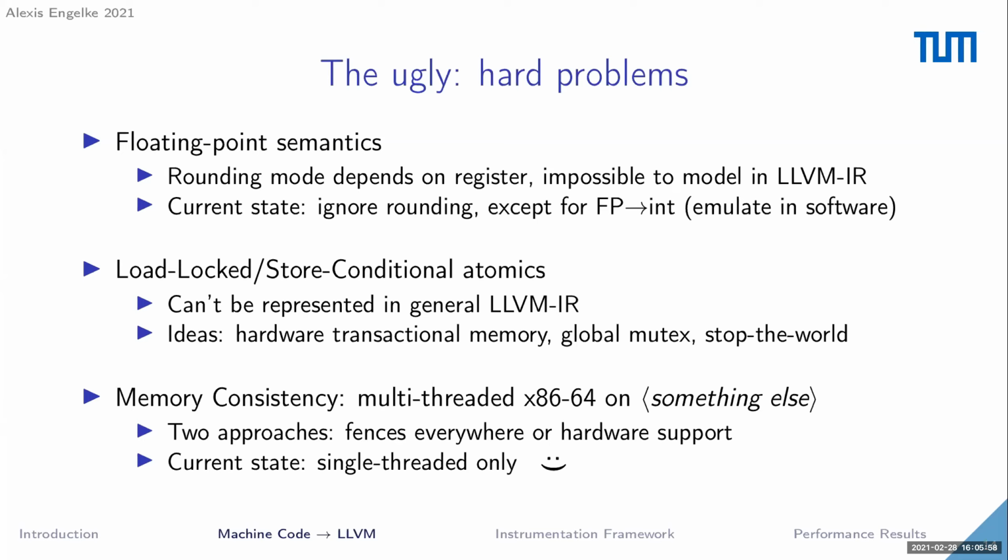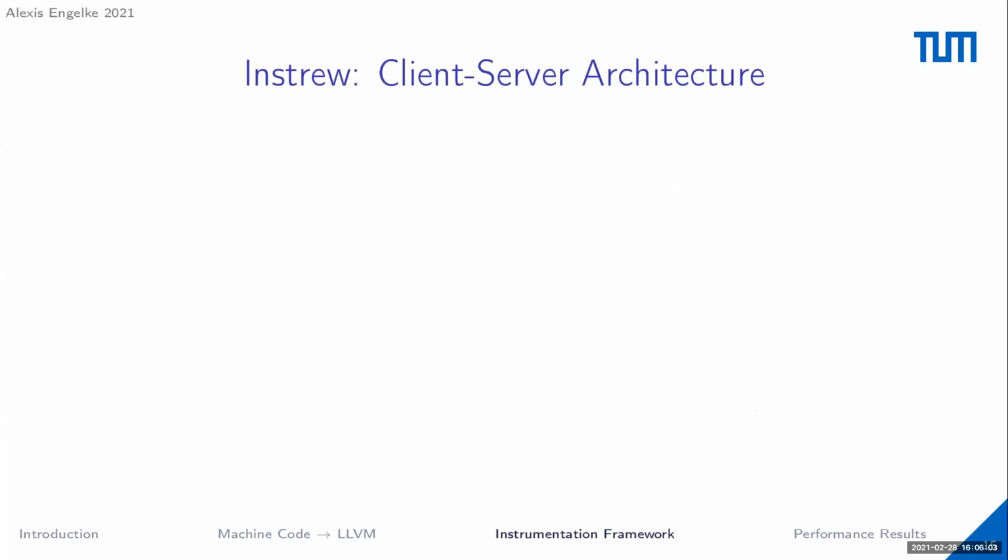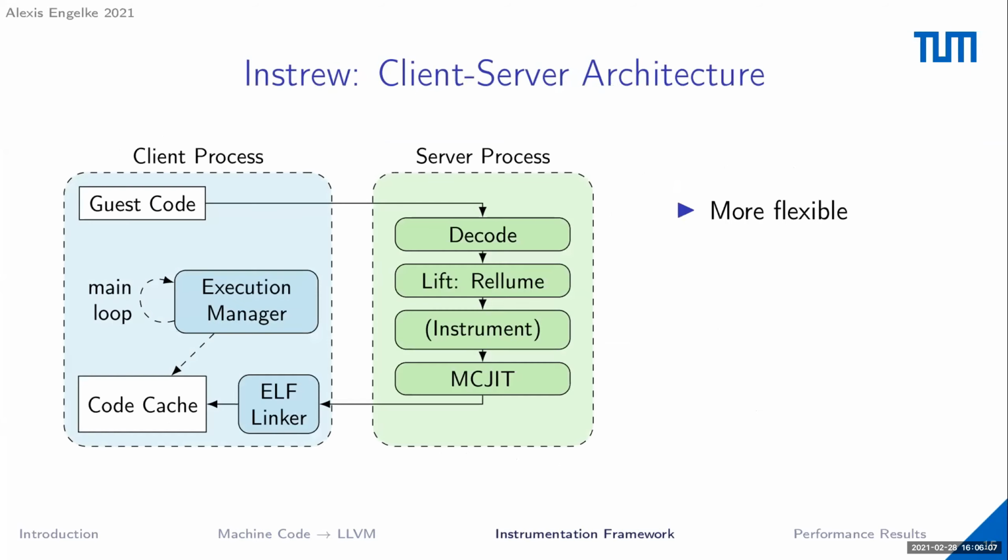Okay, so that was about the lifting part. The instrumentation part is actually a bit easier. We implemented this in a client-server approach, which is more flexible. We have a client which knows nothing about LLVM, and a server which knows nothing about the code cache and things like that, and really concentrates on translation.